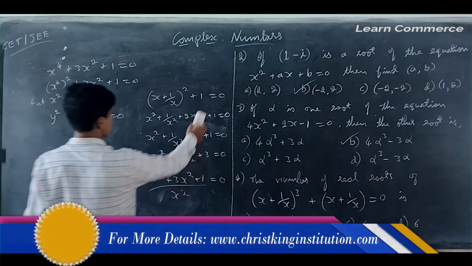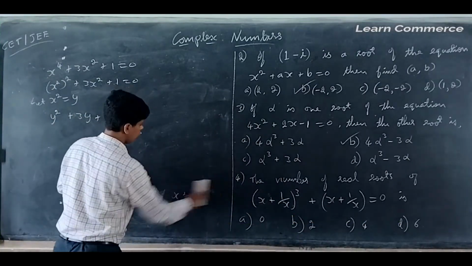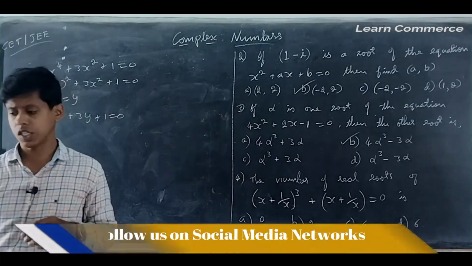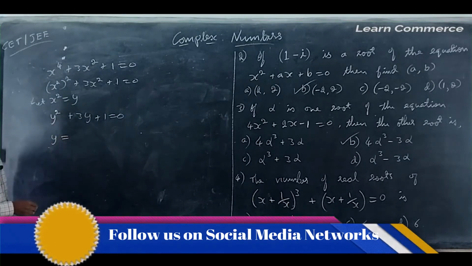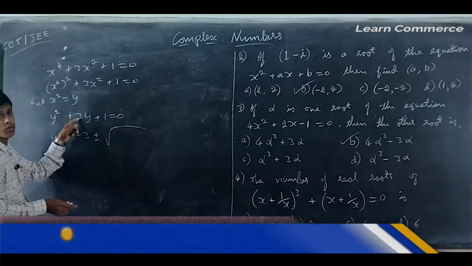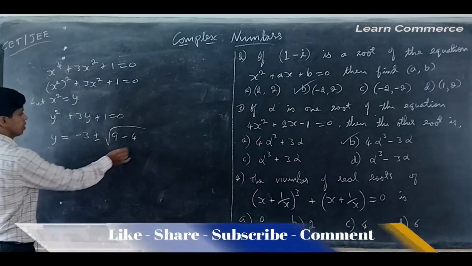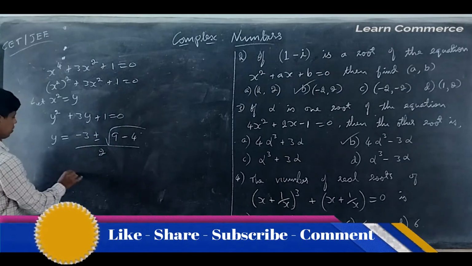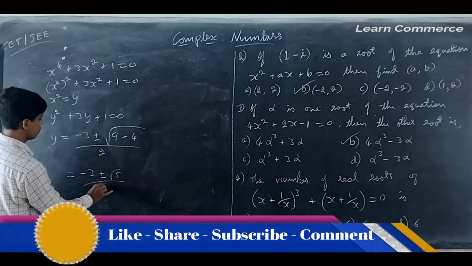Now you can use your formula to find the roots of the quadratic equation. So what formula is that? Yes, y is equal to minus b plus or minus square root of b square minus 4 into 1 into 1 divided by 2. Now that is minus 3 plus or minus root 5 divided by 2.